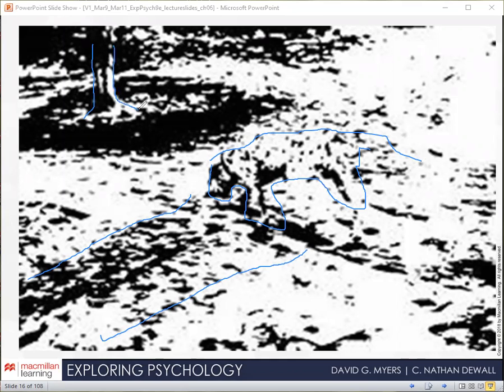Tree. Now, normally, given time, people will be able to pick up on some of these things. The Dalmatian, leaning over, looking at something on the ground, and the tree. So the idea is that we utilize a lot of information to be able to perceive things in our environment.